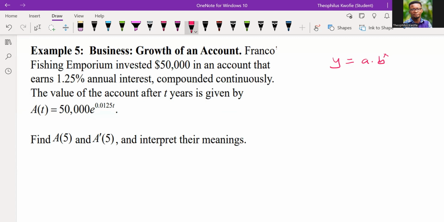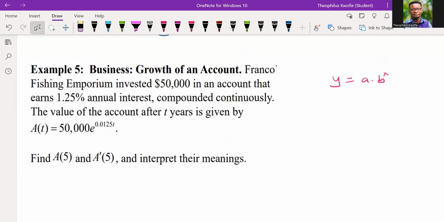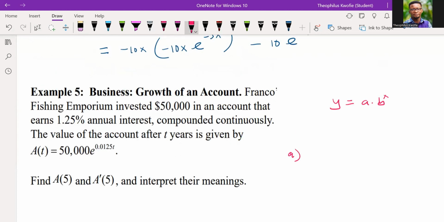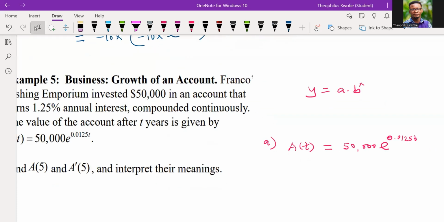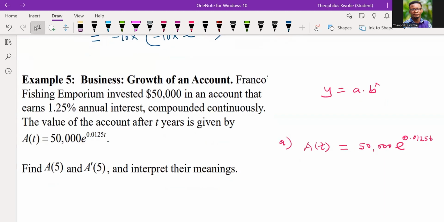So I'll call this one the A part. We are given the function A of t equals 50,000 multiplied by e to the power 0.0125t. Now, the question asks what the value of the account is after 5 years. So A of 5 means that my time is 5. Wherever I see t, I should replace it by 5.